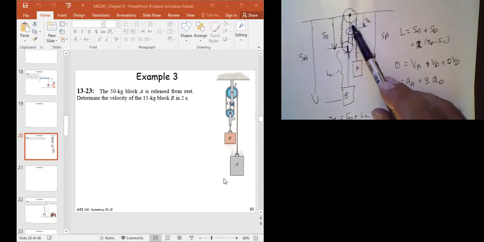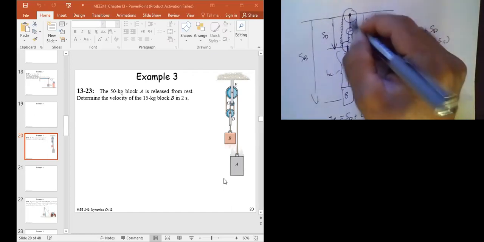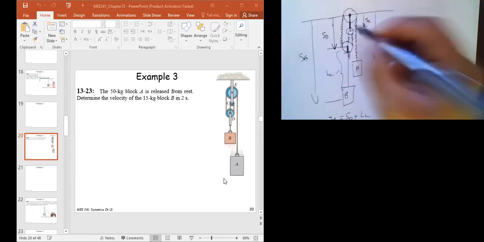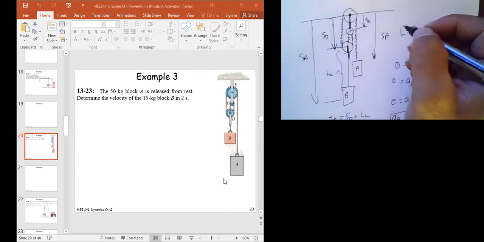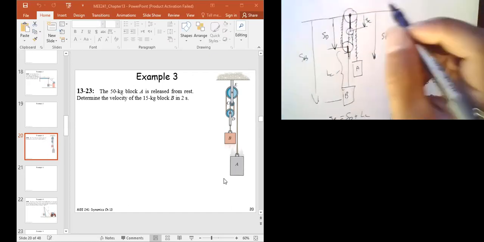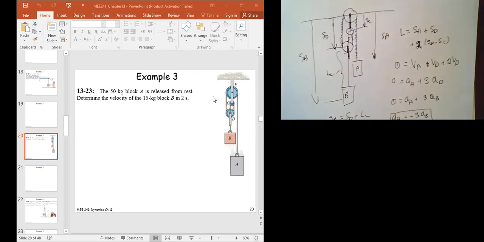This guy? That's not part of the cable. This guy is not part of the cable, right? This is only a rope connecting the two pulleys. I'm looking at the cable that is changing dynamically. Okay, clear.